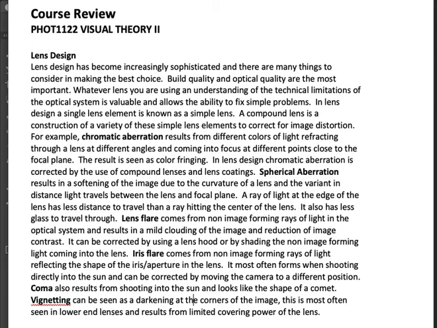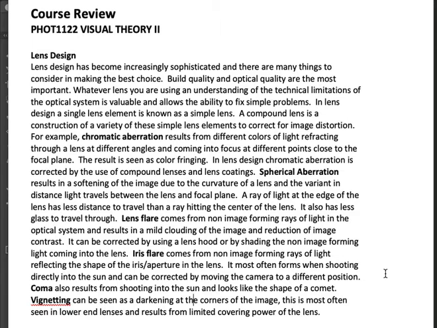Vignetting can be seen as a darkening at the corners of an image that is most often seen in lower end lenses and results from limited covering power of a lens. Covering power, we think of that when we look through our viewfinder, we see a rectangular image, but of course the lens itself is circular and it creates a circular image.